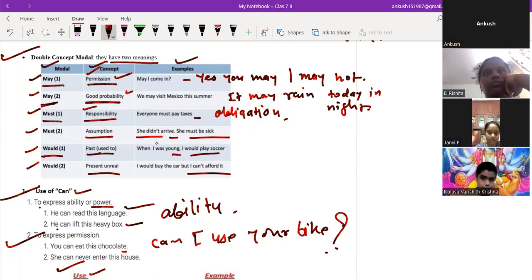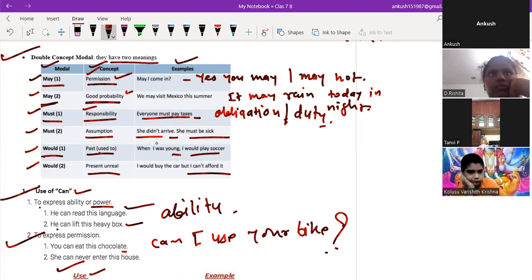Examples: everyone must pay taxes. This is responsibility, obligation, duty. It is everyone's duty, a must-do thing that should be done as a priority. Varshit, are you getting it? Yes, sir. And the second must is used for assumption.